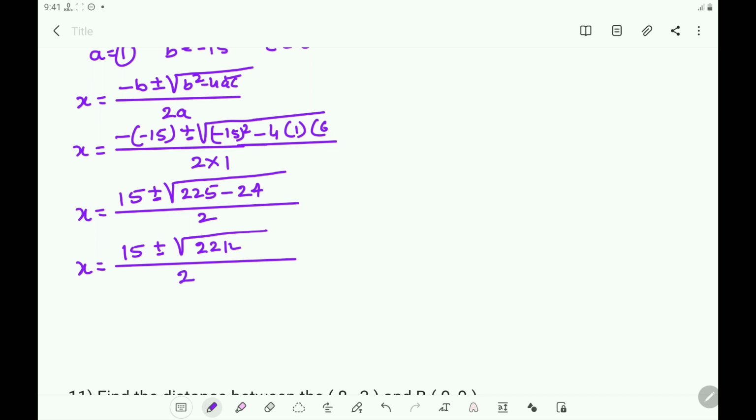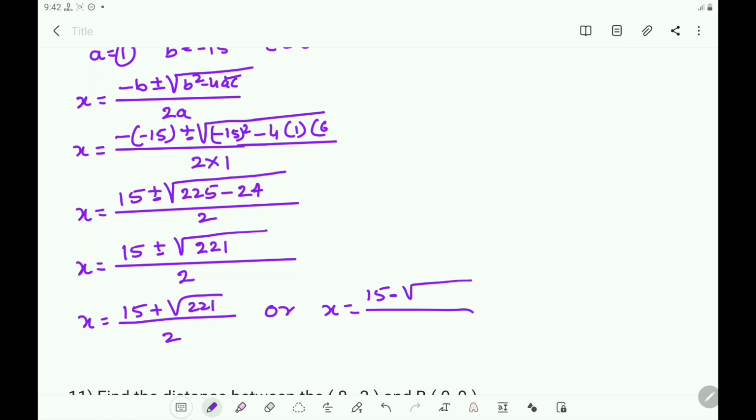You know that 221 is not a square number. Then you can write it as it is, x equals 15 plus whole root 221 by 2, or x equals, here you wrote plus, then you write 15 minus square root of 221 by 2.